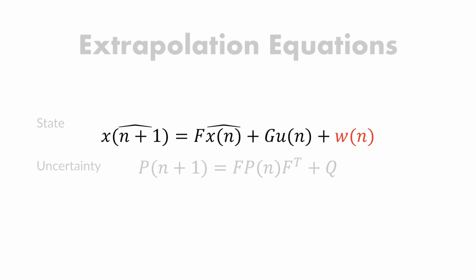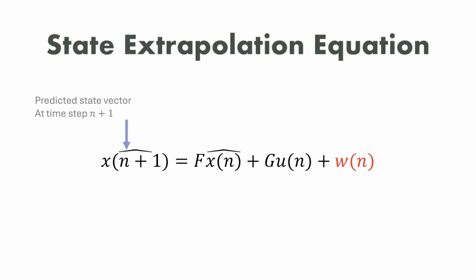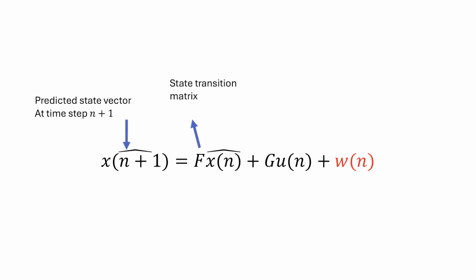The state extrapolation equation will predict the next step of all those variables, the internal temperature, the external temperature, and so on, by correlating them with each other and using physics. And this equation that I'm going to show you assumes that you have an F, that is the state transition matrix that holds the information about how the variables in the state vector are interconnected in terms of the future.